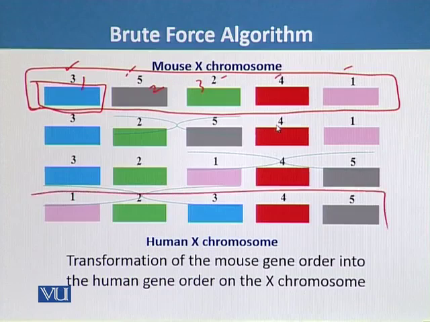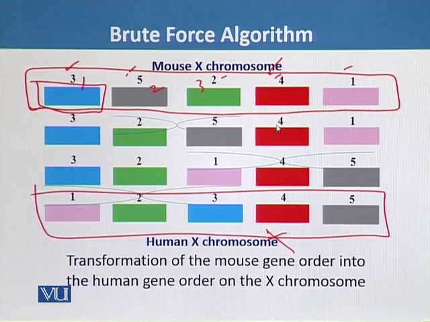Below is the human X chromosome. This is the mouse X chromosome, and this is the human X chromosome. We can see it is in the order 1, 2, 3, 4, and 5. The second thing to note is that the syntenies, that is synteny 1, 2, are the same within the mouse and the human genome.